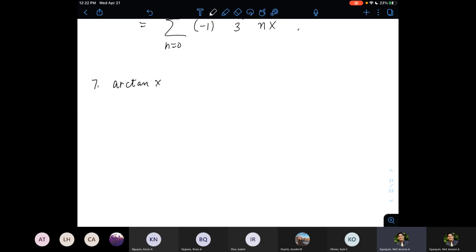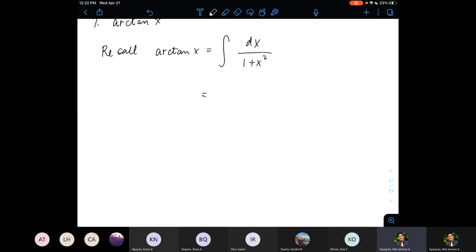Now, I need to notice that arctan is the integral of 1 over 1 plus x squared, all right? Note that 1 over 1 plus x squared dx will have a geometric series expansion, right?